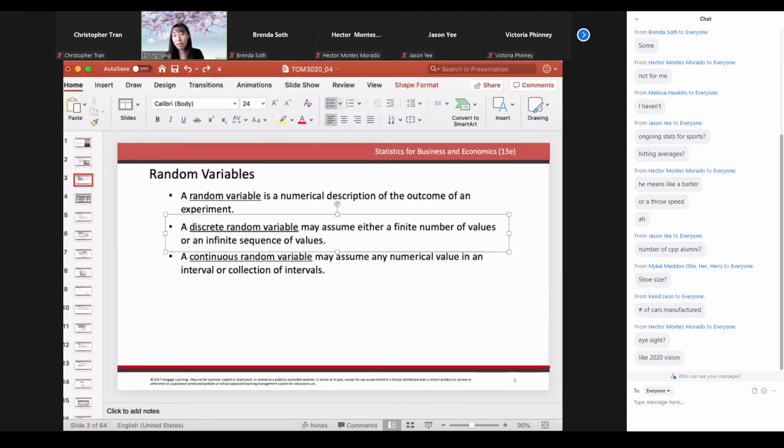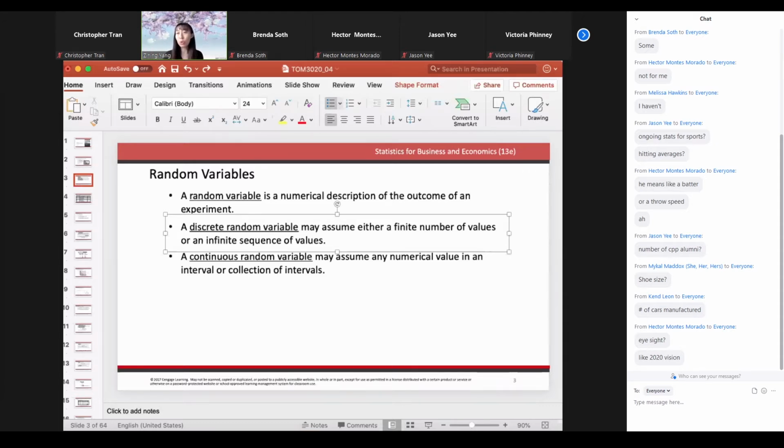Very nice. Those are all good examples, right? And we can also measure how many households there are in this community, or how many faculty we have at CBA, how many people are there in your family.